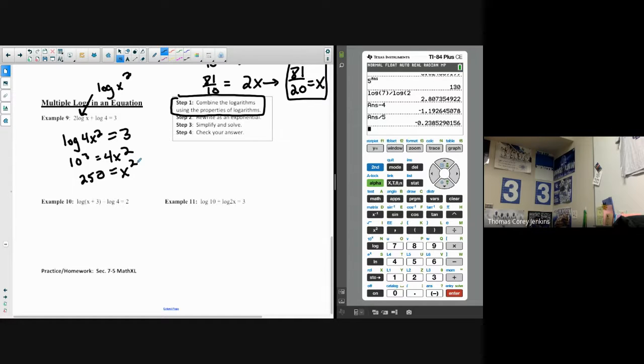The only thing you don't want to forget here is to do your plus or minus. So x equals plus or minus square root of 250. And since we've been rounding to the nearest, well, let's see. Trying to think of the best way to write that.